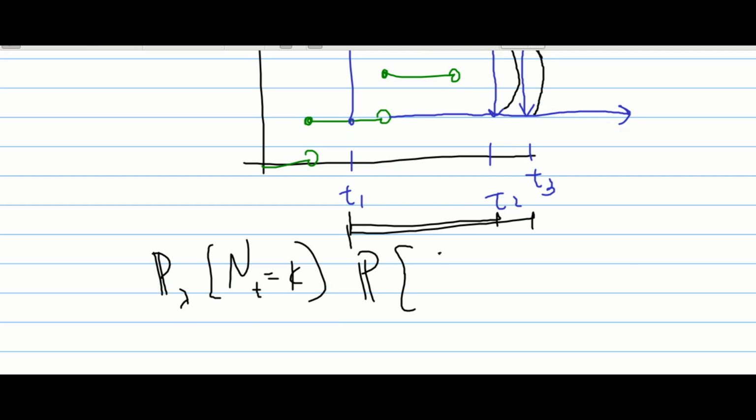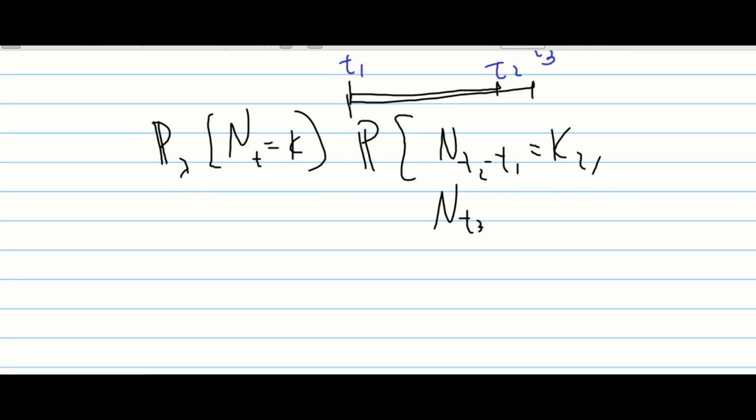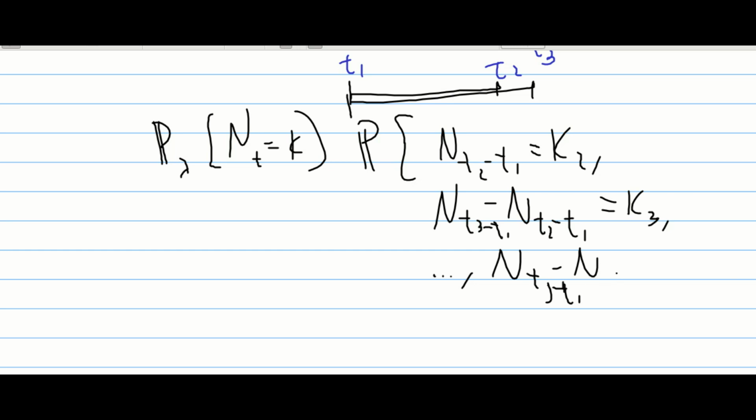So N(t2) minus N(t1), let us separate it, equals k2, N(t3) minus N(t1) minus (N(t2) minus N(t1)) equals k3, and so on until N(tj) minus N(t1) minus (N(tj-1) minus N(t1)) equals kj.